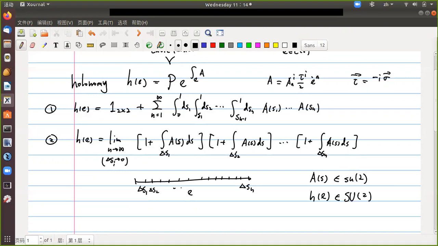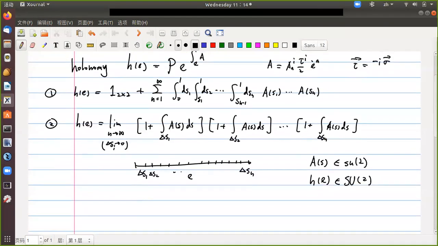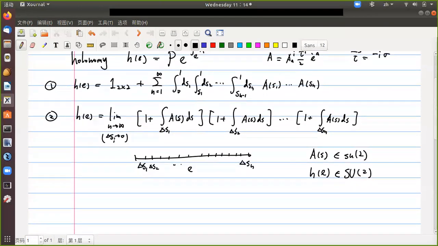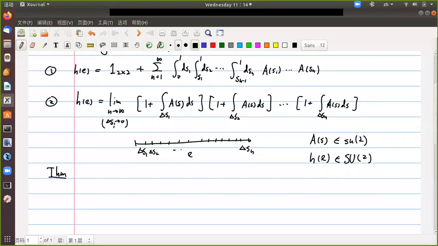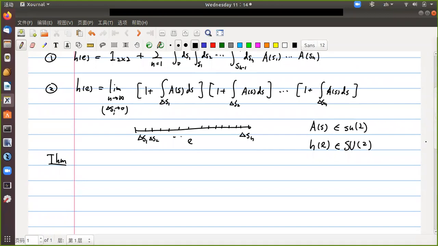Okay, and now, given the holonomy, you can immediately get some results. I will list them as a theorem. The theorem is that the holonomy satisfies the following properties.